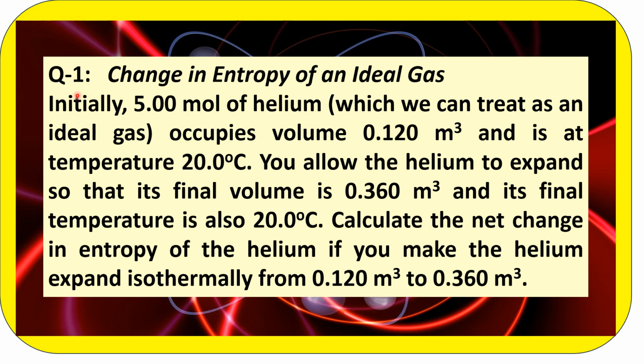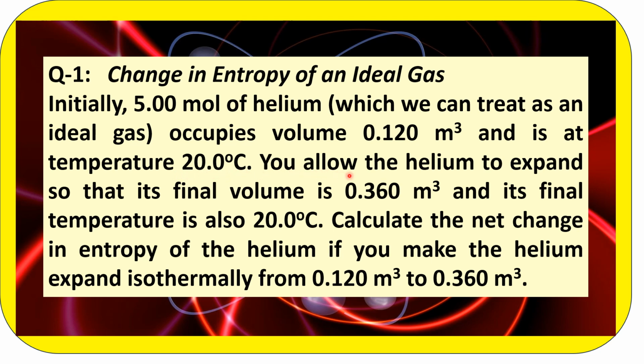Question number 1, which is about change in entropy of an ideal gas. Initially, 5.00 moles of helium, which we can treat as an ideal gas, occupies volume 0.120 meter cube and is at temperature 20.0 degrees Celsius.